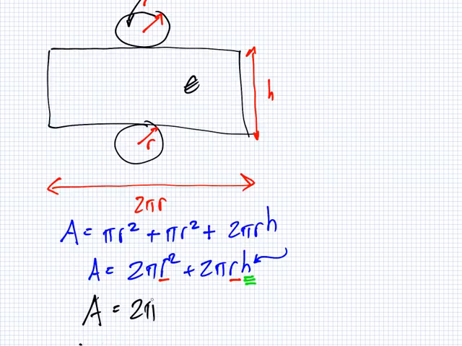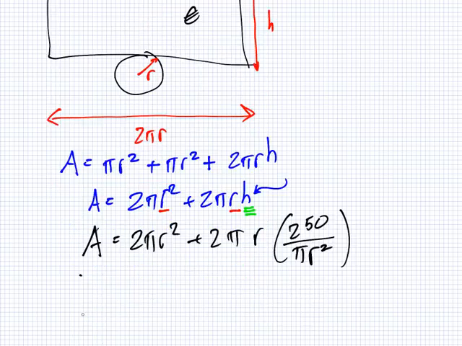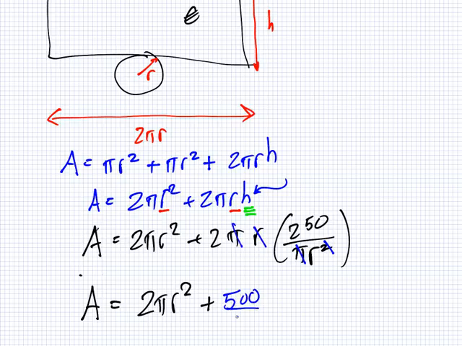Area is 2 pi R squared plus 2 pi R times 250 over pi R squared. That's what I said, wasn't it? So now we get the area is 2 pi R squared plus, this will cancel this, and this will cancel this. So that's 500 over R, or I think I'll write it as 2 pi R squared plus 500 R to the minus 1. Okay, so write that down.